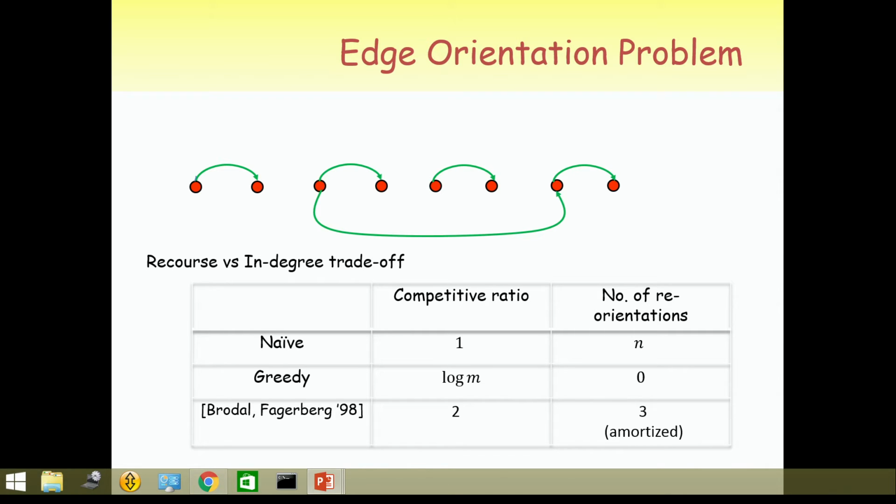So Brodal and Fagerberg showed in '98 that you could get max in-degree 2 instead of 1, provided you're allowed to do 3 reorientations per edge arrival, amortized. By amortized, I mean that at some point of time it may do a lot of reorientations compared to other times, but on average you will only be doing 3 reorientations per unit time. So whenever an edge arrives, I'm allowed to change 3 other edges. That's the point.